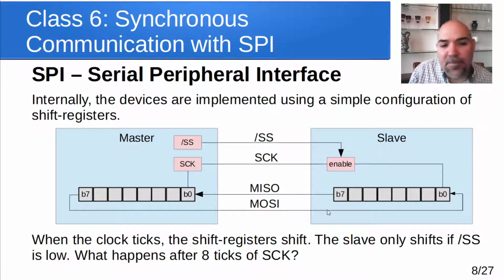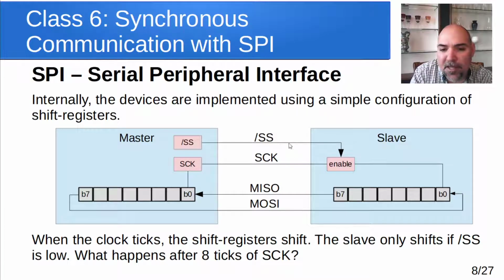Okay, internally, the way that SPI is implemented looks like this. Basically, it's got two shift registers, and those shift registers are connected to each other, like this. Here's an 8-bit shift register, here's an 8-bit shift register, and those are in the two separate devices.